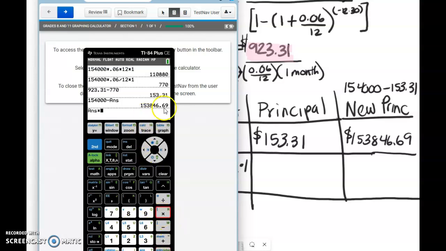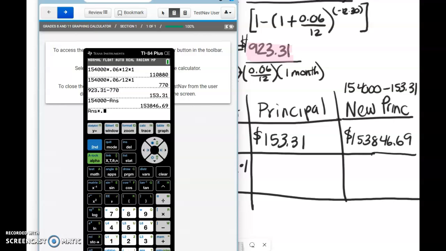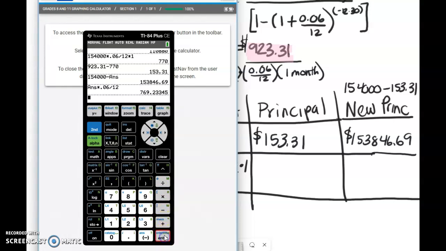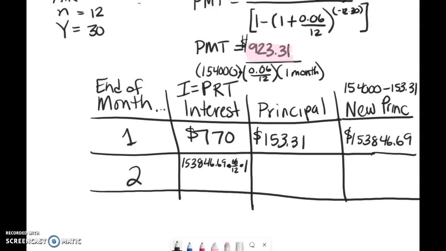So taking now the new principal, which is the prior answer, times the 0.06, divided by 12, and then times 1. So I don't have to do that multiplication. Here's the amount of interest for this month.